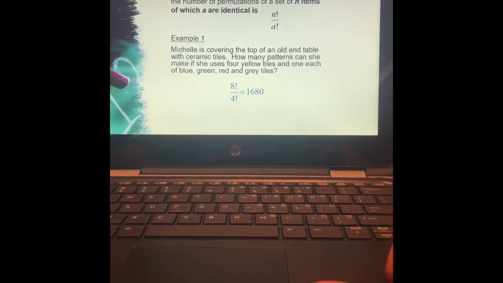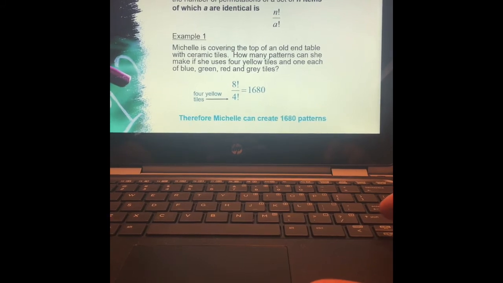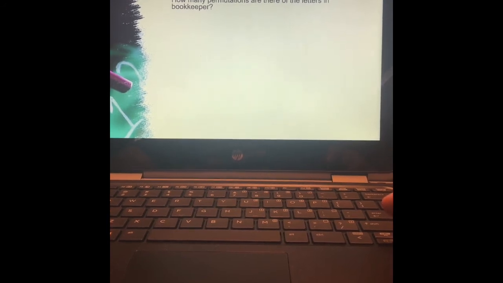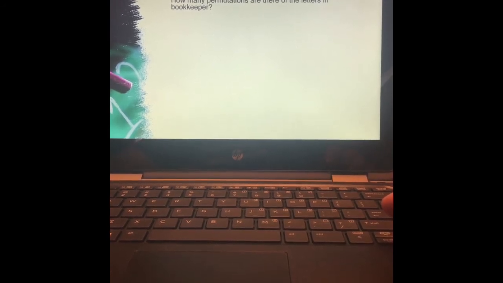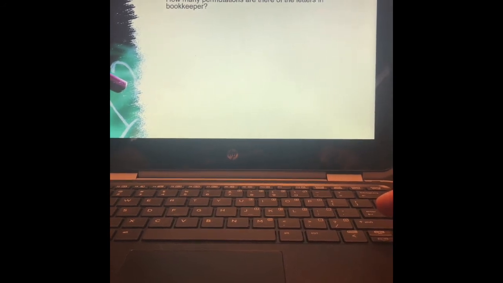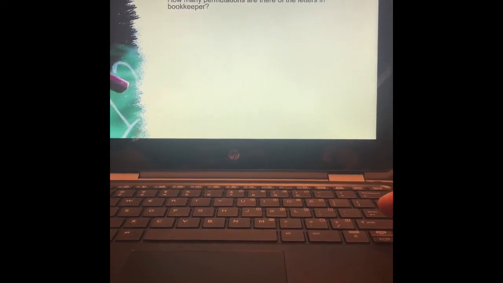Let's get some other examples going. How many permutations of the letters in bookkeeper? All right, count the letters in bookkeeper. 1, 2, 3, 4, 5, 6, 7, 8, 9, 10. Okay, 10 factorial in the numerator. In the denominator, we need repeats. How many O's are there? 2. So that's 2 factorial. How many E's are there? 3.